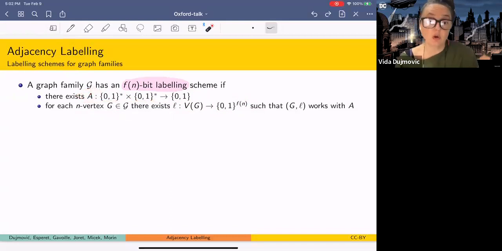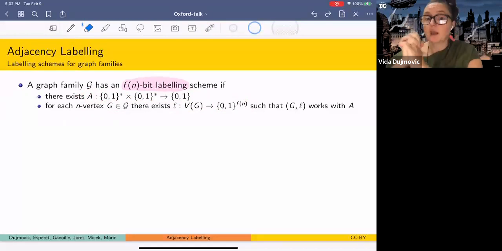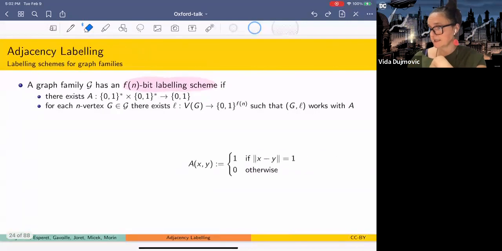So what you want is to come up with a way to label the vertices of graphs in a family, such that these labels are as short as possible. And yet there is one adjacency tester, one algorithm that tells you, given just two labels, are the vertices in question adjacent?